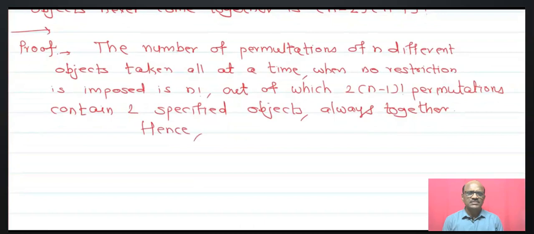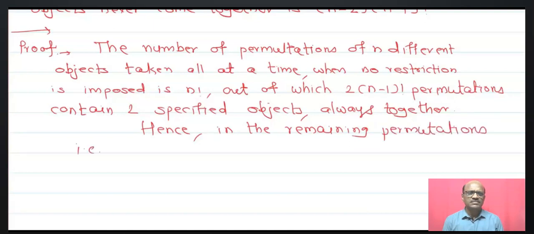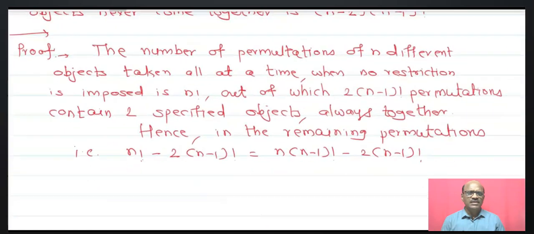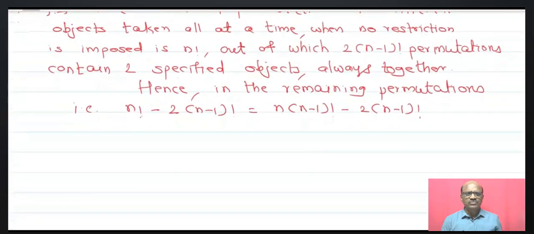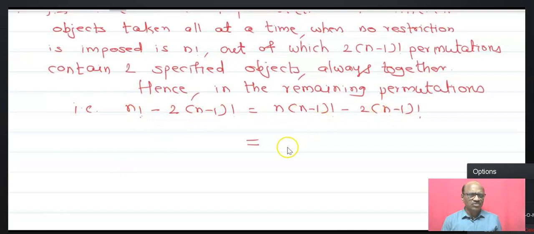Hence, if we subtract, the remaining permutations are n factorial minus 2 in bracket n minus 1 factorial, that is n into n minus 1 factorial minus 2 into n minus 1 factorial. Here n factorial means n into n minus 1 factorial, and now we can take n minus 1 factorial as common.